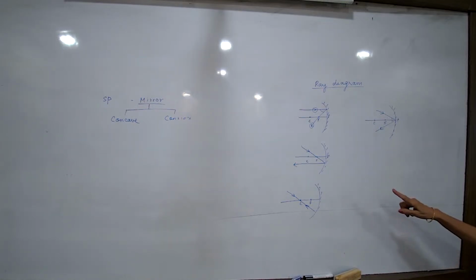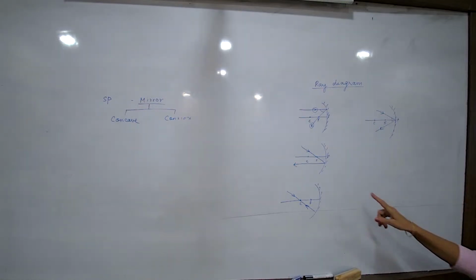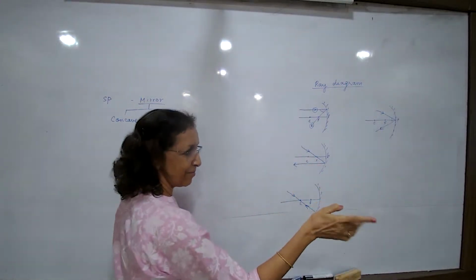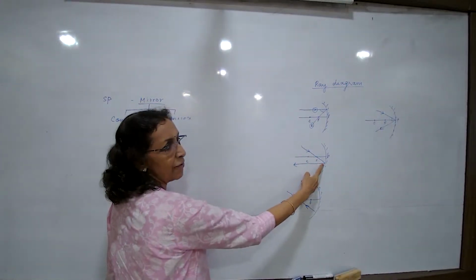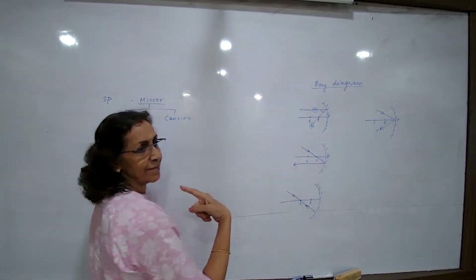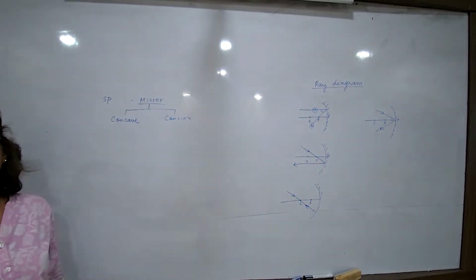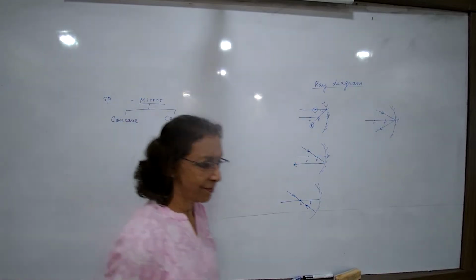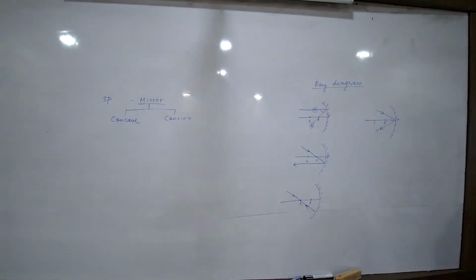Not passing through focus, passing through F. You are right, principal focus. After reflection, it becomes parallel to the principal axis. Correct. First you draw the diagram and then you come to it.